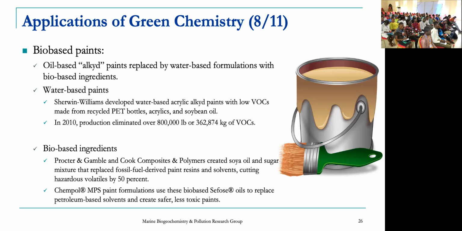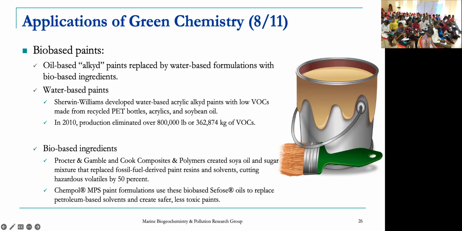So here are some examples of how green chemistry has been used to produce paints. First, we look at water-based paints. We know that the traditional solvent-based paints use volatile organic compounds as solvents, which contribute to air pollution and pose health risks.